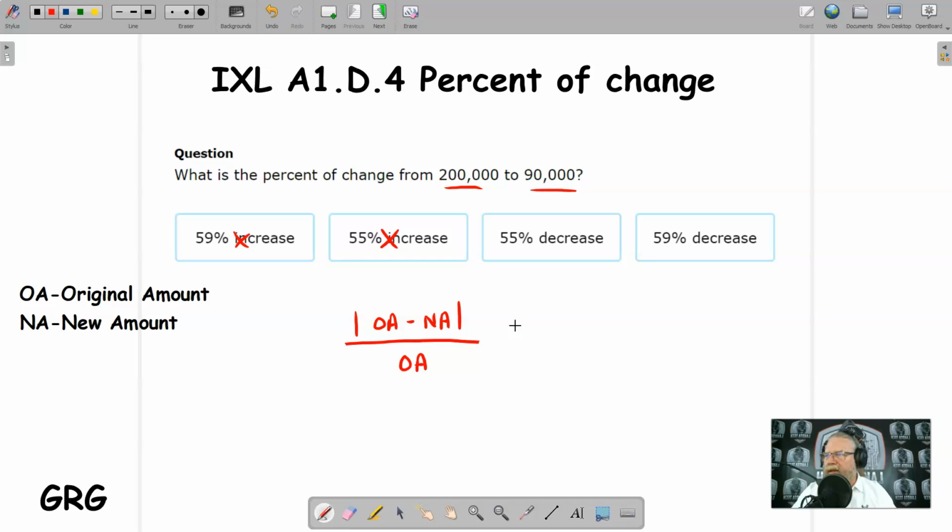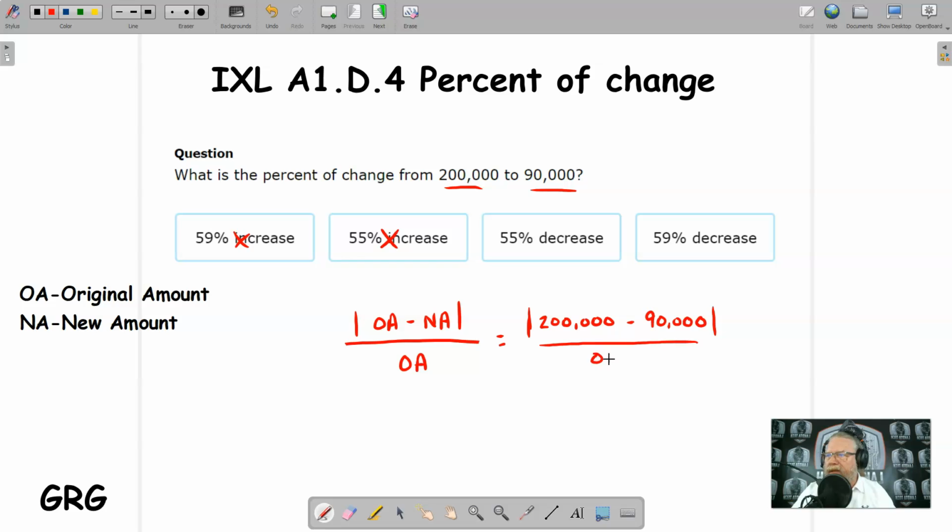And if we're talking about the absolute value of the original amount, the original amount is 200,000. So we have 200,000. We're going to subtract from that the new amount, right? The value of the new amount is 90,000. And then, again, we need the absolute value sign.